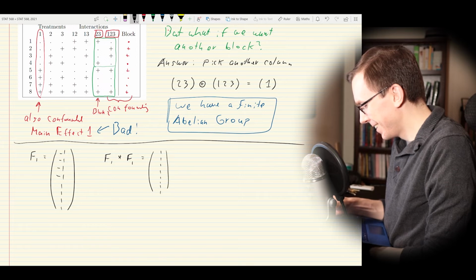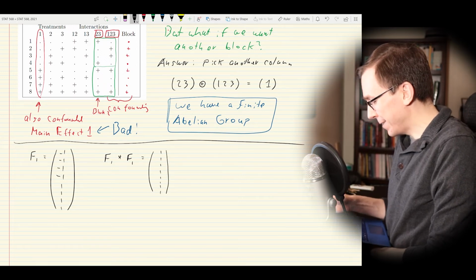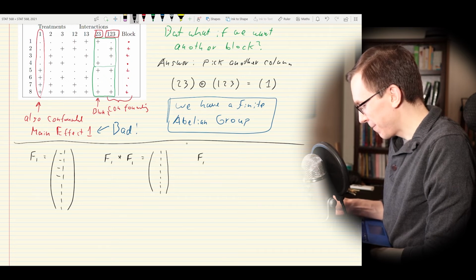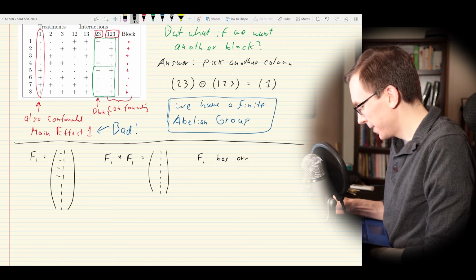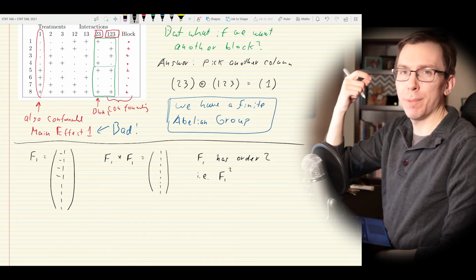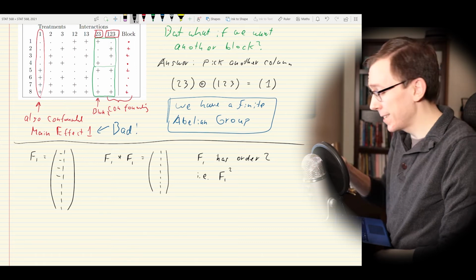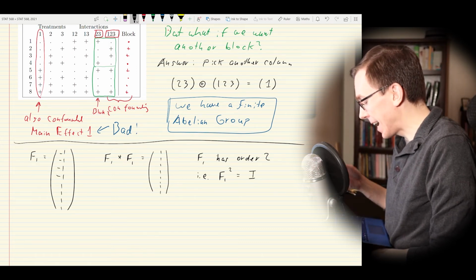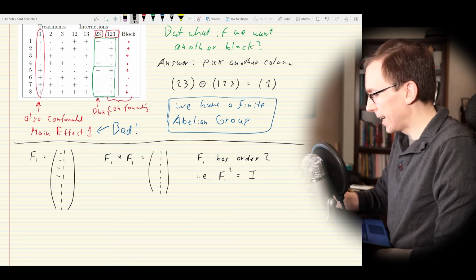Okay. So what I actually have here is that F1 has order 2, i.e., if I take F1 and I square it, where all the multiplications are being done entry-wise, then I just get the identity, which I'm going to write as capital I, for identity.